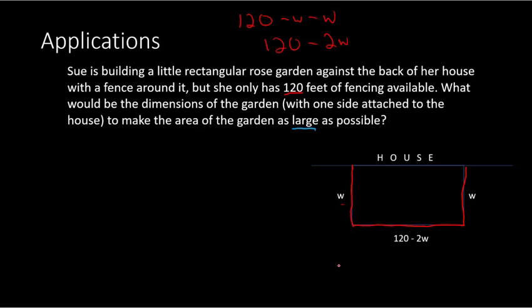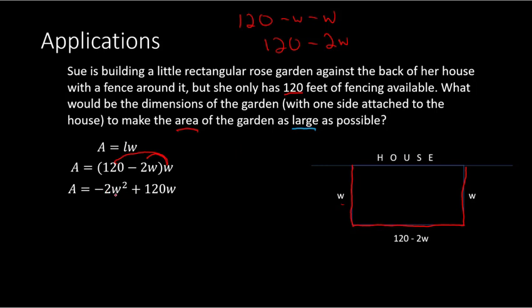For a rectangle, the area is going to be length times width. We know we're dealing with area because we're trying to make the area as large as possible. So we use the area formula, length times width. We take 120 minus 2W and multiply it by the width, which is W. From here we can distribute. We multiply the W by 120 and by negative 2W. That would give you negative 2W squared plus 120W.